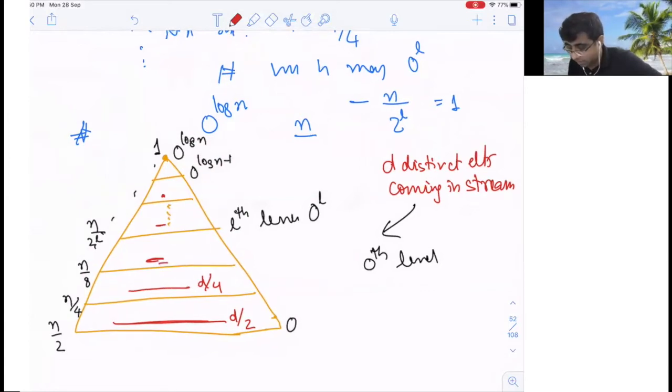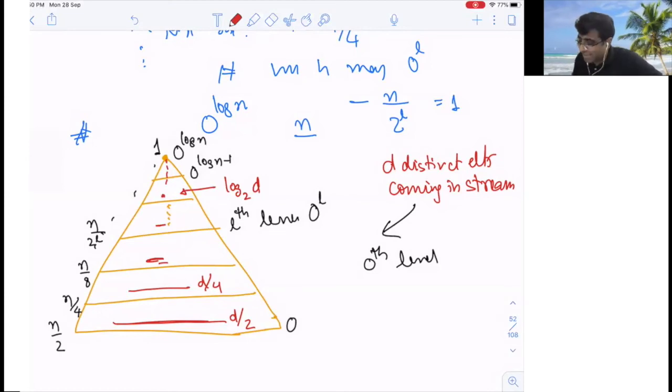Anybody? Which level will we stop seeing, or we will see exactly one element? Log d. Exactly. So log d. And beyond that, the chance that we will see any element at all is 0, right?